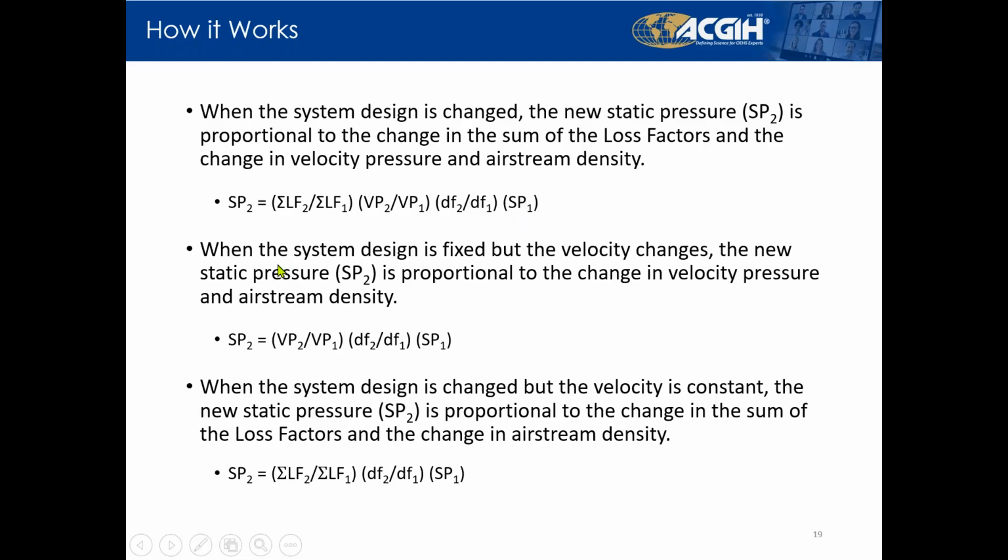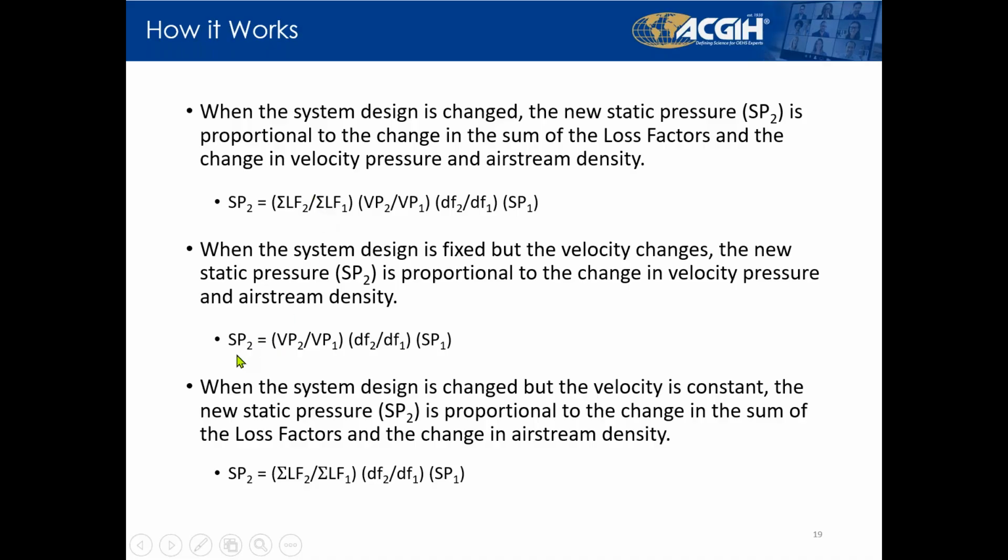Now, when the system design is fixed, but the velocity changes, the new SP2 is proportional to the change in velocity pressure. The reason for that is, in this case, the system design is fixed, so the sum of the loss factors for case 2 equals the sum of the loss factors for case 1. So this drops out. That's simply a 1.